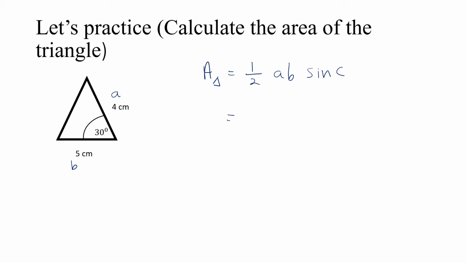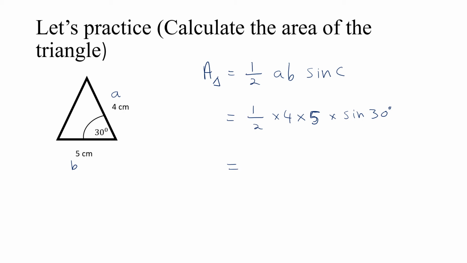And everything here is actually being multiplied, right? So we just substitute our values. So we have half times A, which I have as 4, times B, which is 5, times sine of 30 degrees. Yes, that's just how we have to commit it to memory right now.